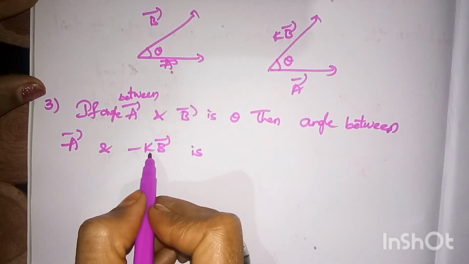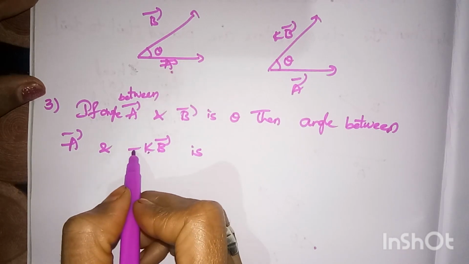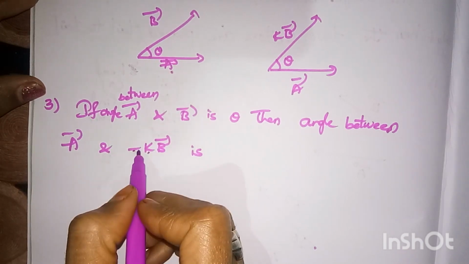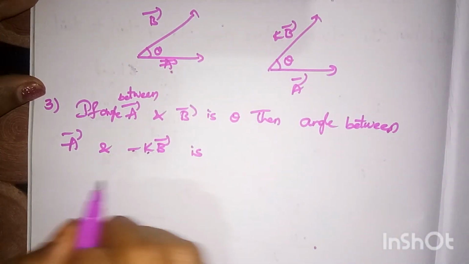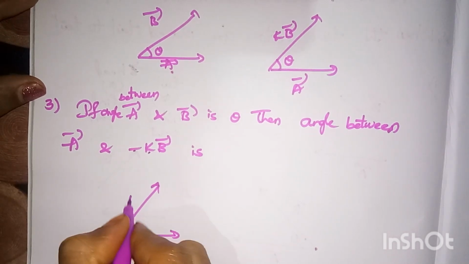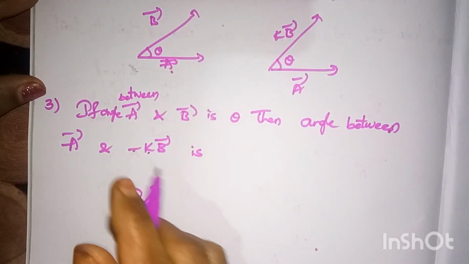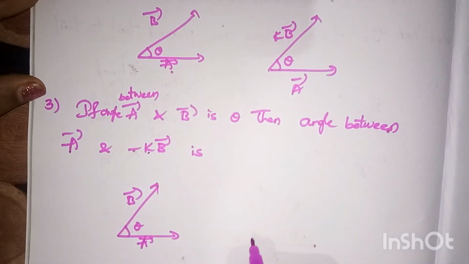Negative constant means k represents a positive constant itself but multiplied with a minus sign, so minus k. Then what will be the result? The angle between a bar and b bar will be theta itself. But what will be the angle between a bar and minus k b bar?